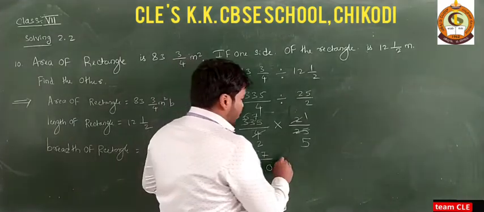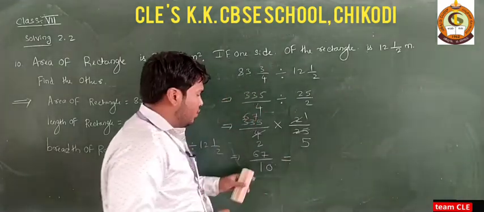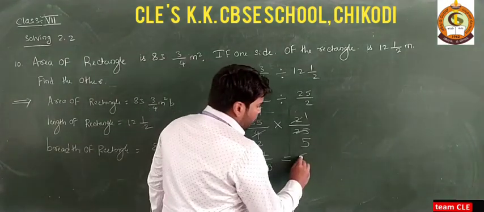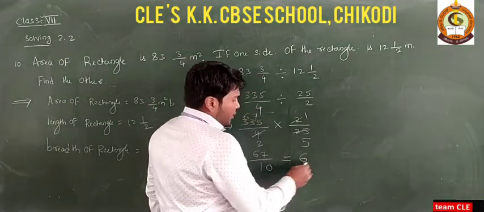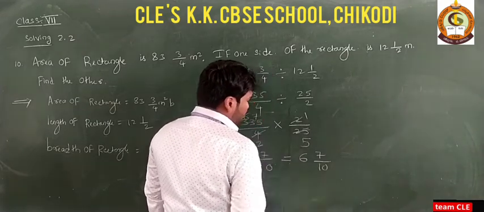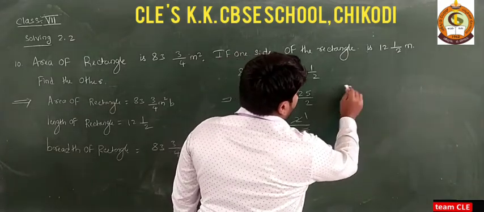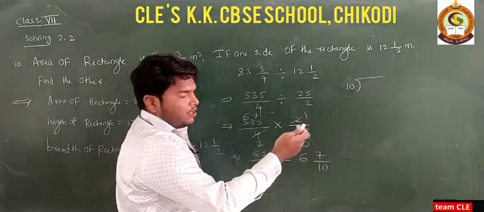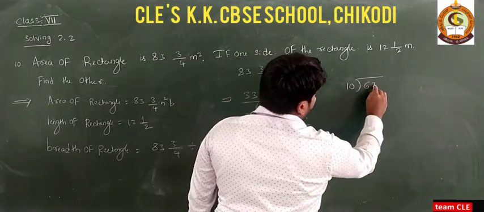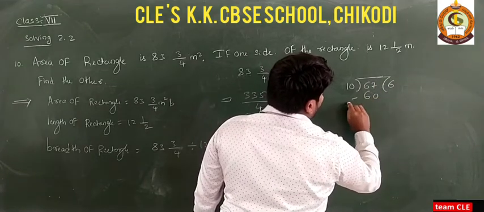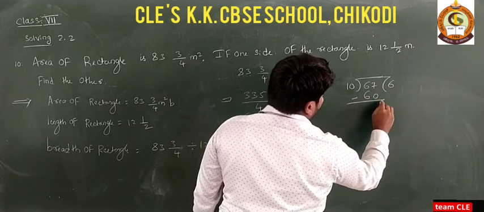So you convert this improper fraction into a mixed fraction: 10 6s are 60, remaining is 7, so 6 7/10. Or if you don't know it directly, go through simple division. 10 into 67: 10 6s are 60, 67 minus 60 is 7.